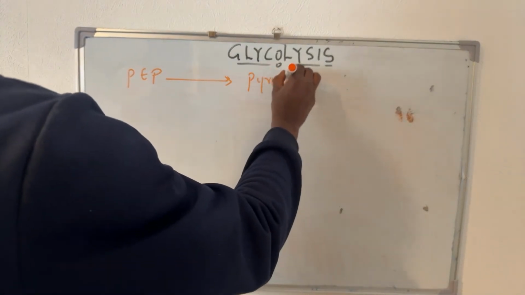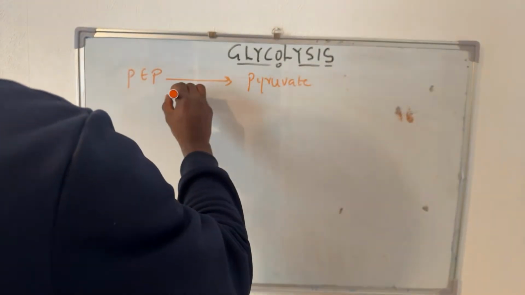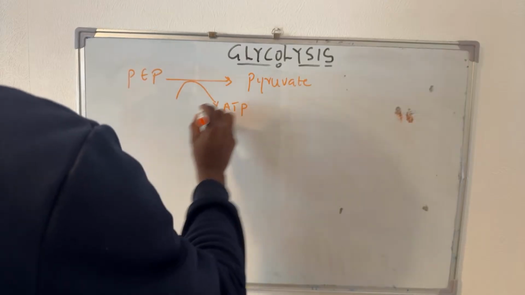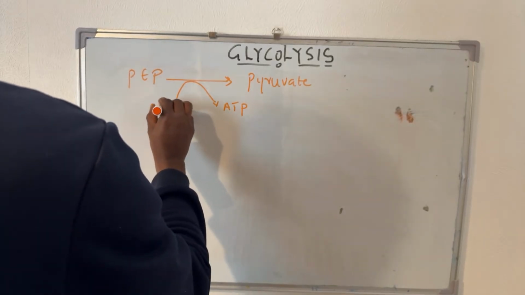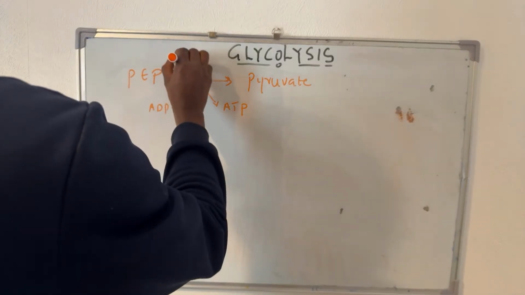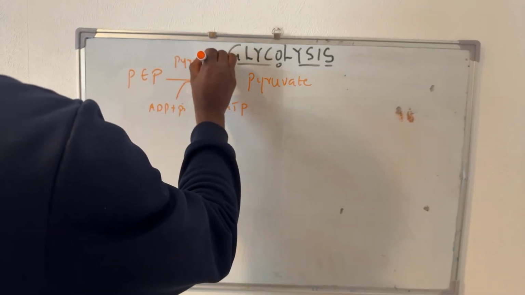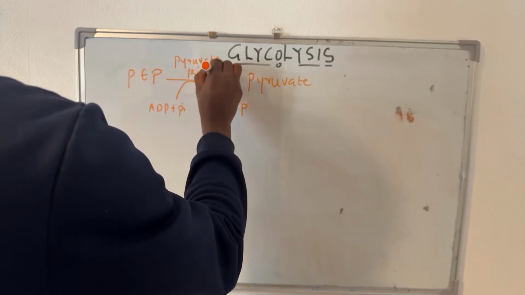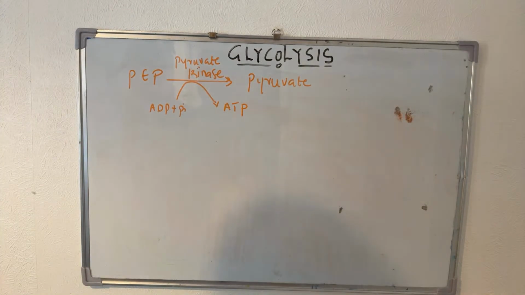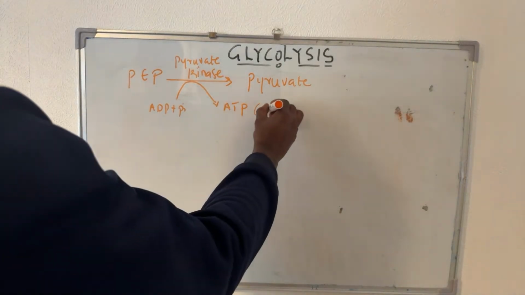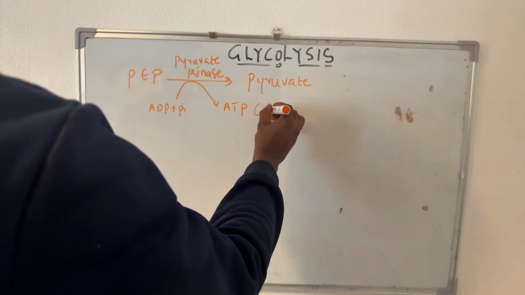With the production of ATP, we have ADP plus Pi, and the enzyme is pyruvate kinase. So remember, it's still 2 molecules that are produced.